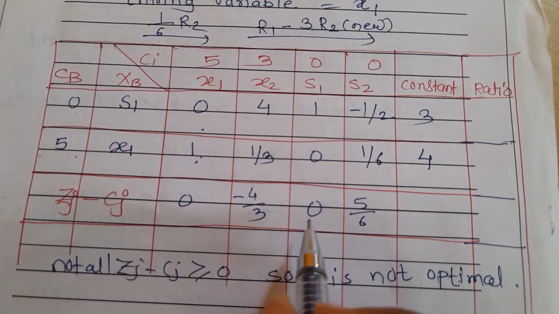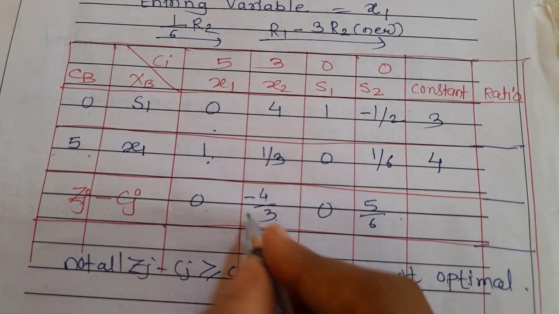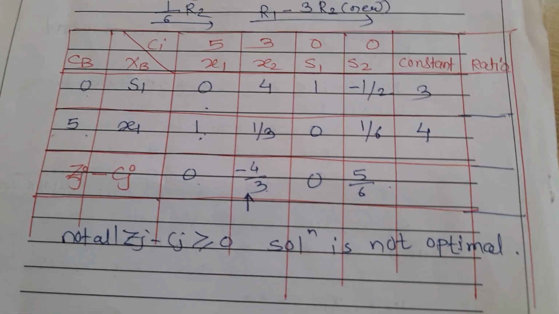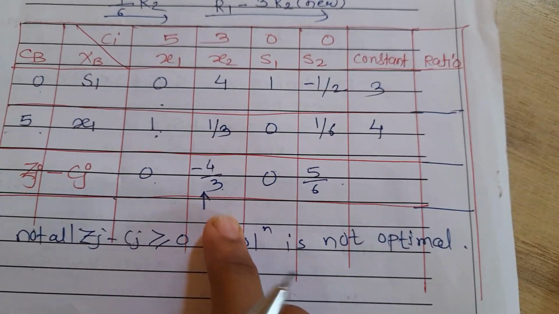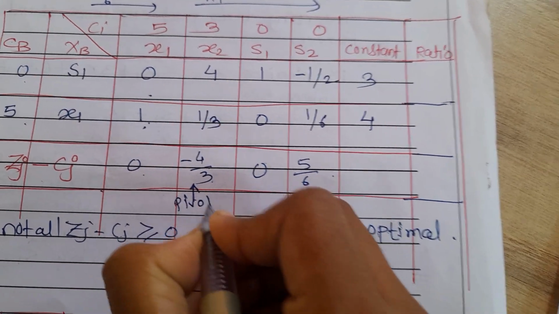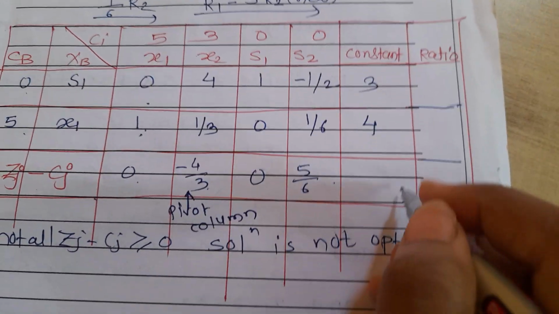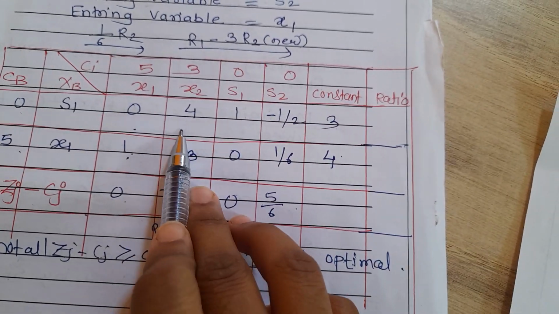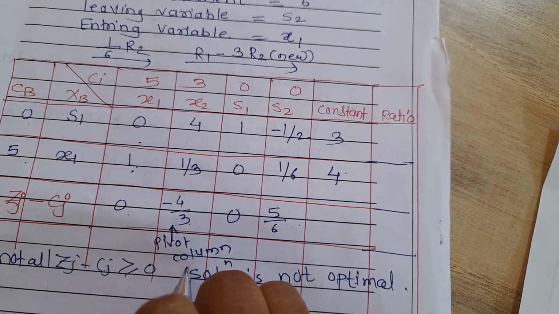First we select the pivot column: the most negative number in Zj minus Cj. Here minus 4 by 3 is the most negative number. Therefore, we select this as the pivot column. Then again we find the ratio. How do we calculate the ratio? Divide the constant by the elements of the pivot column.